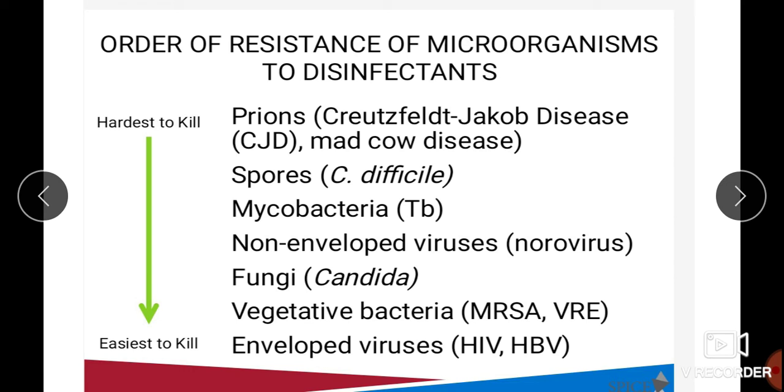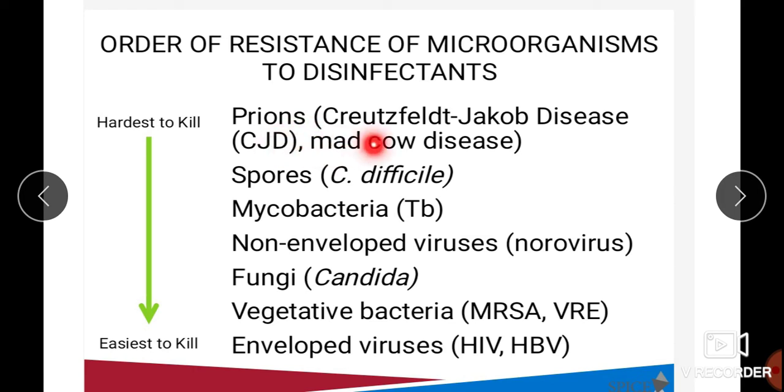Now, very important: the highly resistant organisms to disinfectants. The most resistant microorganisms are prions. Prions are nothing but infectious protein material, and this infectious protein material causes a number of diseases.